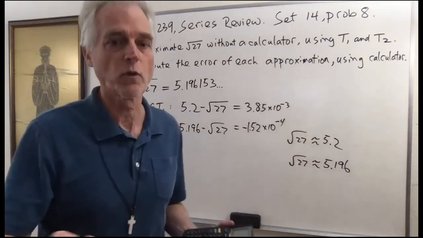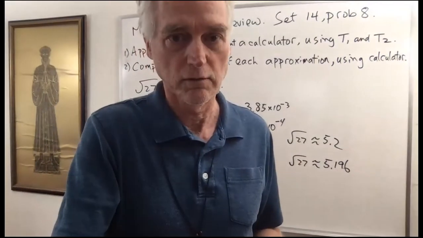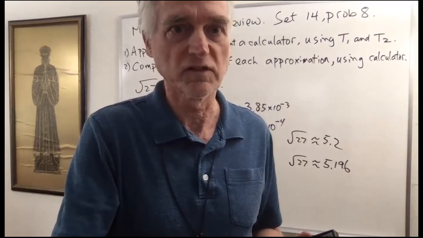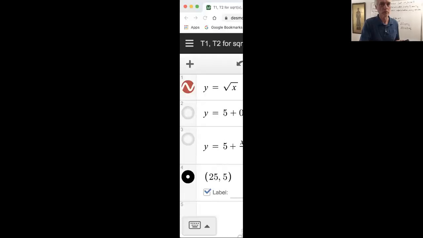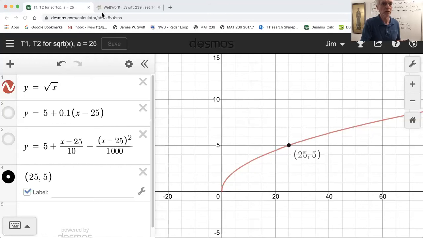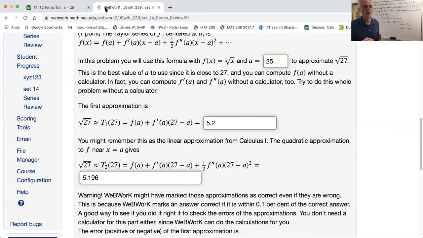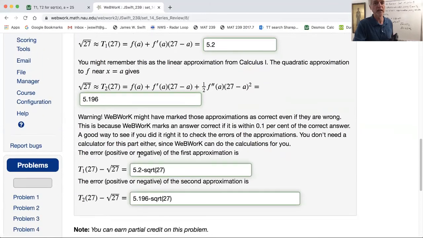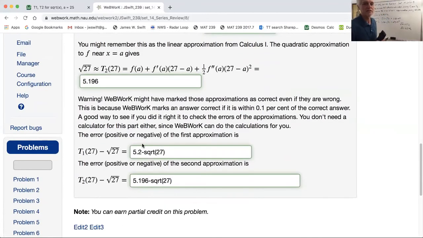Here's what I'm going to do for WebWork. I'll show you with the screen share. Okay, we'll look at the WebWork first. Here's the WebWork, what you want to do. You want to put in the A, then you put in the 5.2, 5.196, and then you actually put in exactly the equivalent to what I did up here. Put in your approximation minus sqrt of 27 or whatever it is, okay?